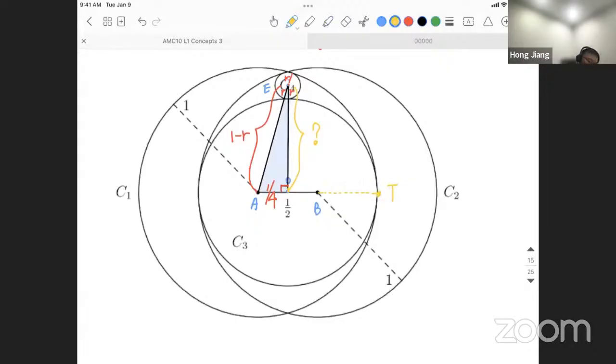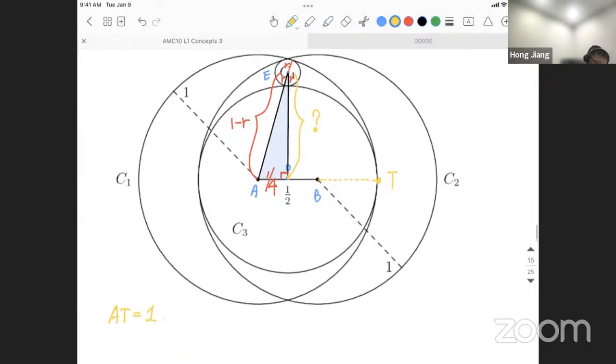Let's say T. Of course, I know AT equals 1, because AT is actually C1's radius. What about AB? AB is 1 over 2. So with all this information, BT is 1 over 2, which makes sense. AB is 1 over 2, and BT is 1 over 2. If BT is 1 over 2, then OT, O is here, don't forget.